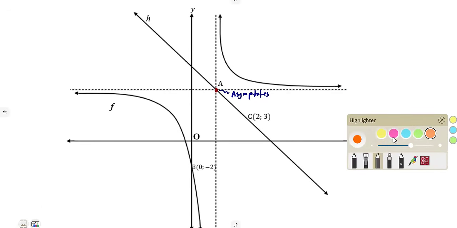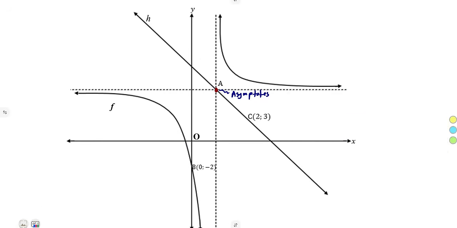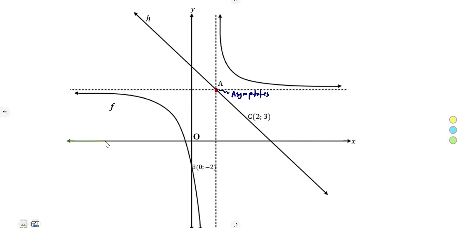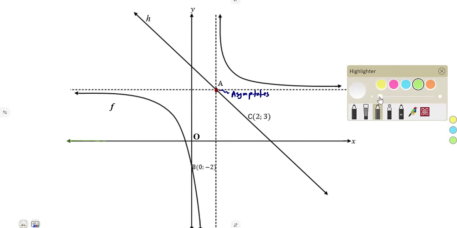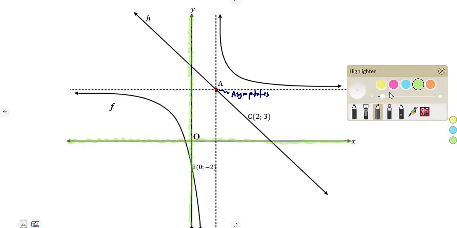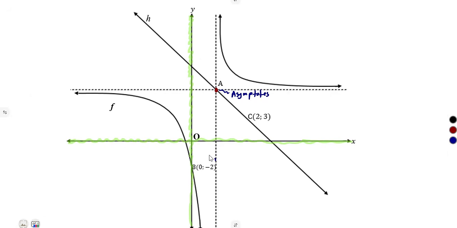Let me just indicate the x-axis and y-axis so that we will be together. So this is our x-axis, and this is our y-axis, like that. As we can see, the point B here is on the y-axis, which is the y-intercept.